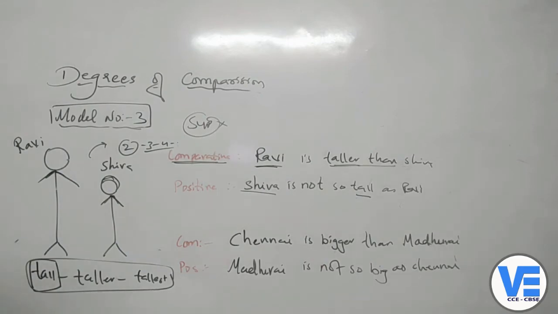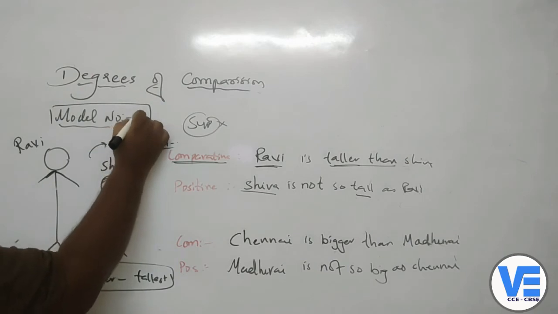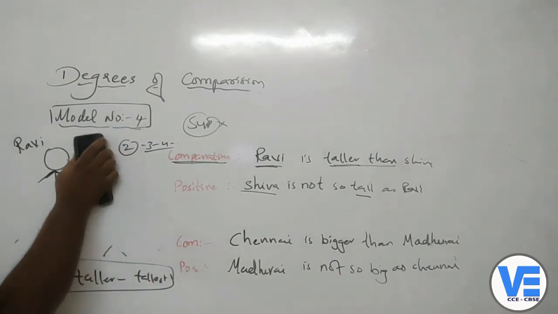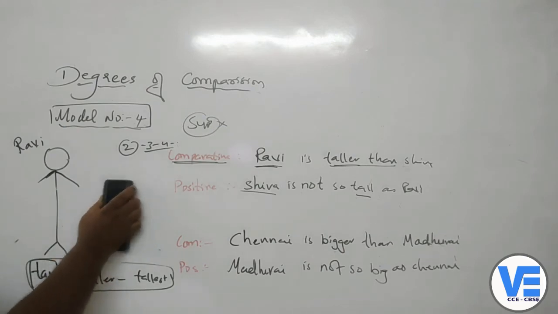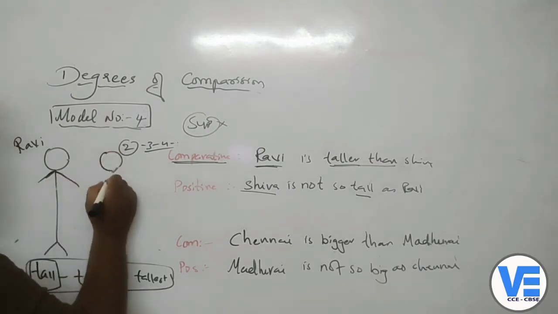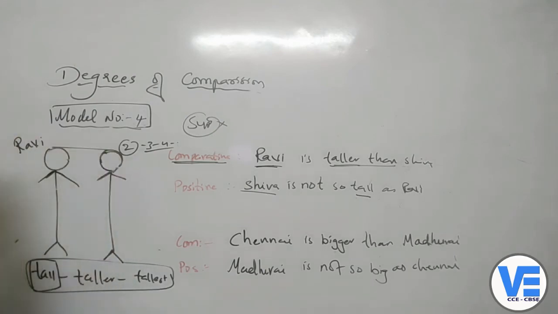Okay, children, now we'll go ahead with the model number 4. Here, what I'm doing is taking two students, two friends or whatever it may be, of the same height.